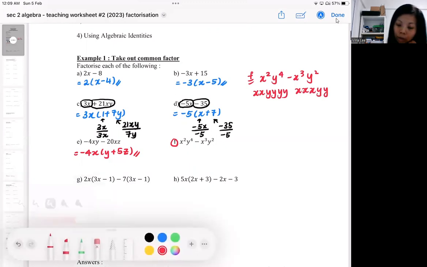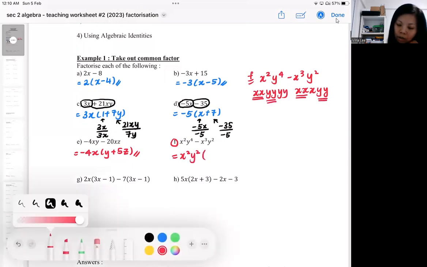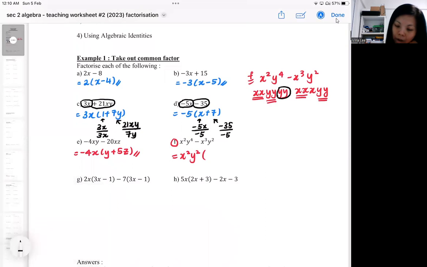You may want to do this so that you can tell the common factor. x squared is the common factor. Then y squared is also the common factor. After you take out the common factor, you are left with a y squared. And after the common factor, you are left with an x. If you need to, you can do it at your side working. Just try not to show your teacher.